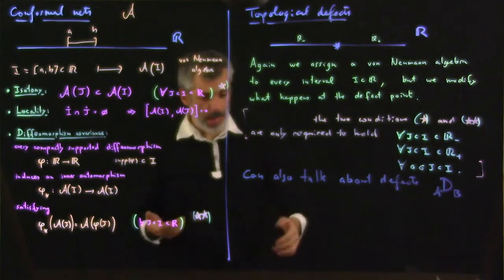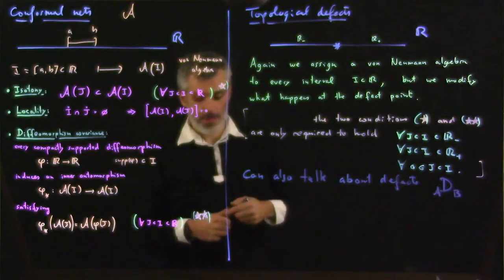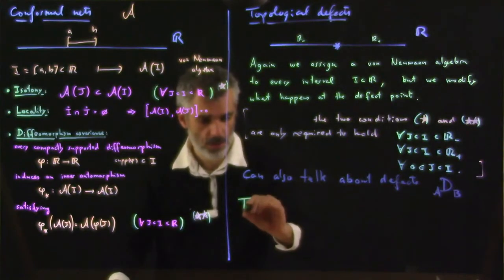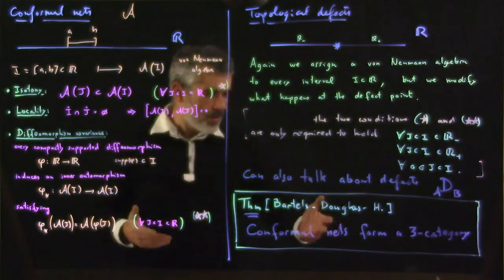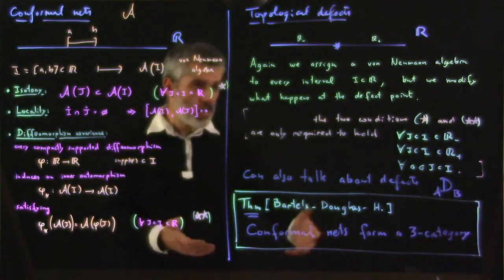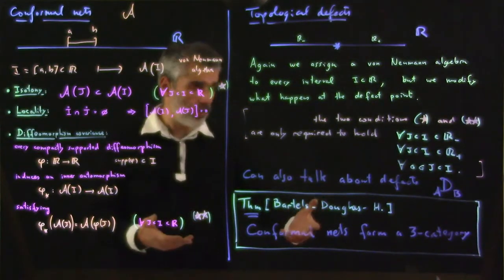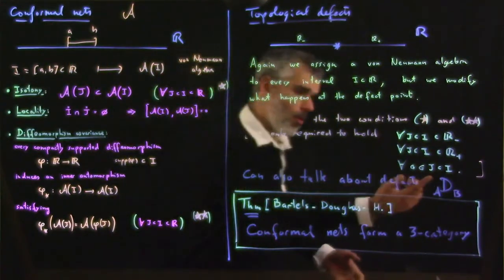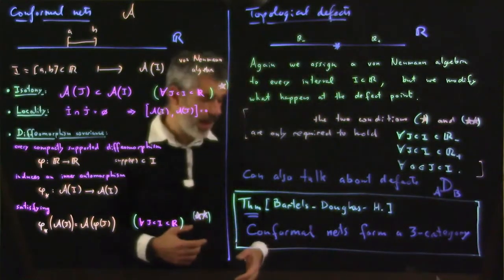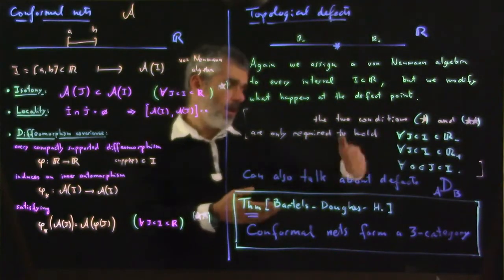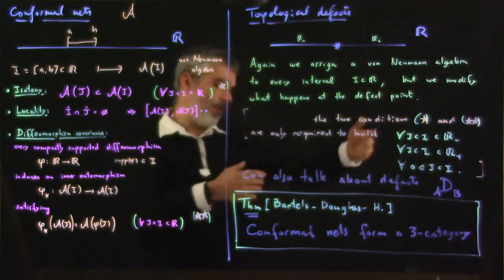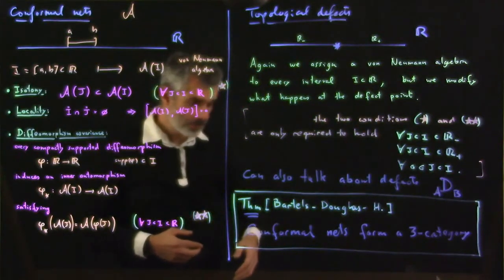And I have a theorem joint with Arthur Bartels and Chris Douglas. And the theorem says that conformal nets form the objects of a three-category. So they are the objects, the morphisms are defects, and then there are also two-morphisms between defects and three-morphisms between two-morphisms.